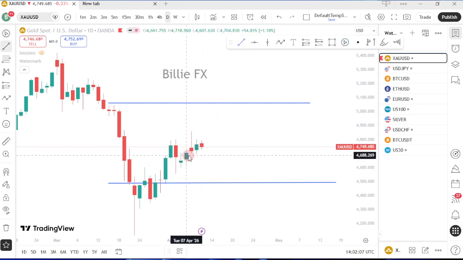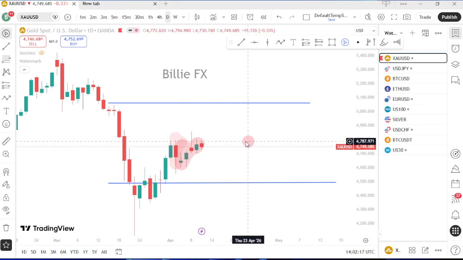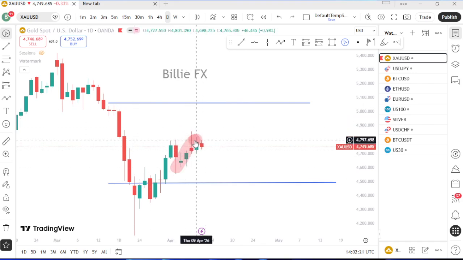Now on the intraday perspective, you can see that we were trading within this bearish range. You can see this bearish candle that is sitting right here. You were trading within this bearish candle. So the probability that we could have just come up like this and dropped was high. It was there, but the market failed to do it. It's still building the bullish structure.